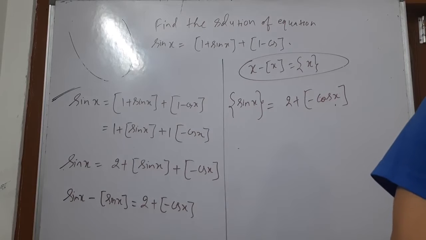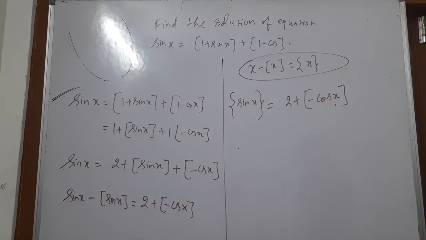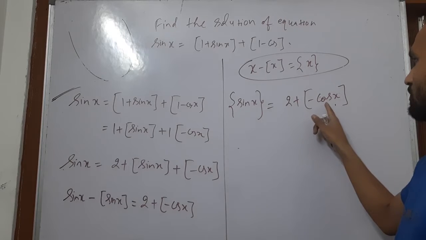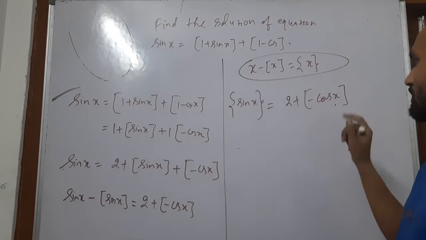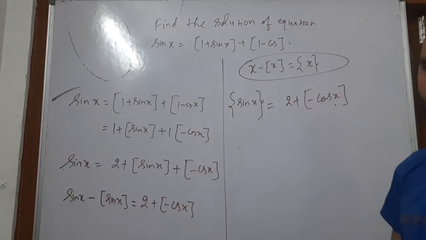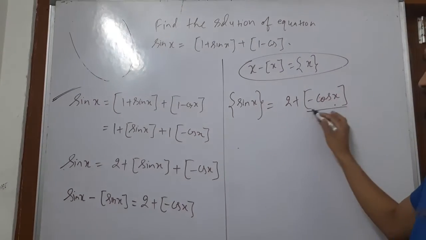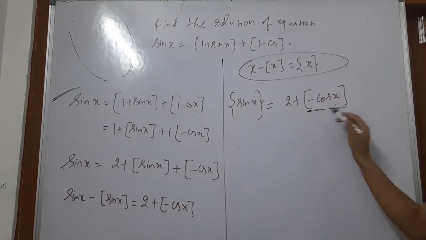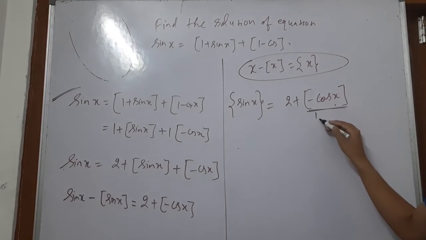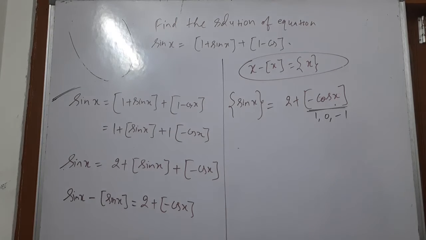If it is plus 1 or minus 1, then what will happen? It can give me possible integer values 1, 0 and minus 1.